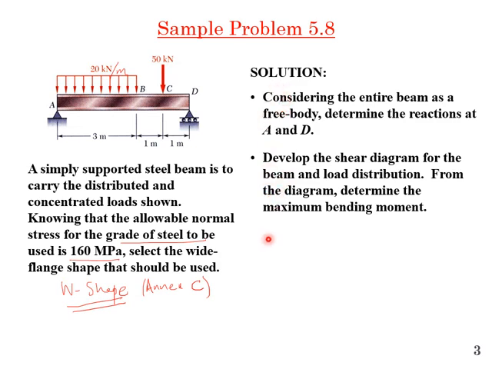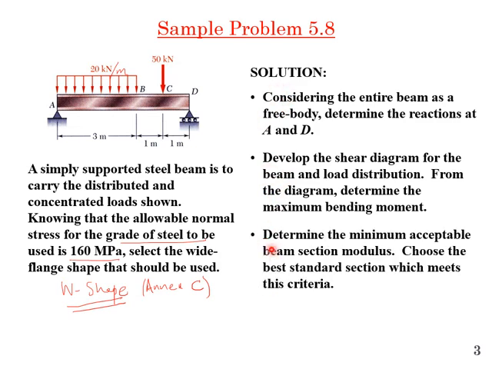Using that maximum bending moment, we will apply the flexure formula to find the section modulus, and from the minimum acceptable section modulus, choose the best section which meets this criterion. Which criterion? That it must have minimal cross-sectional area.